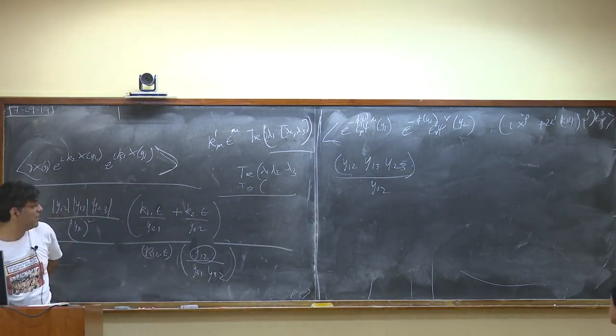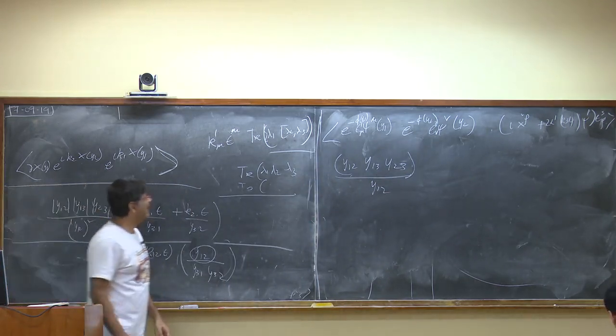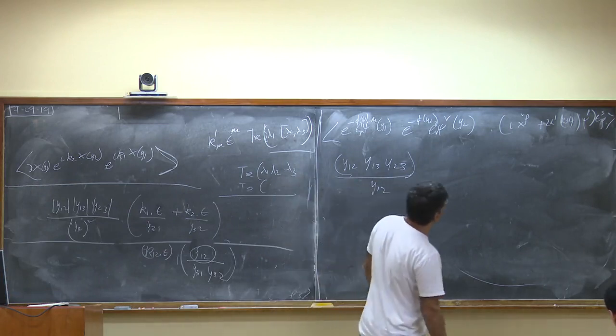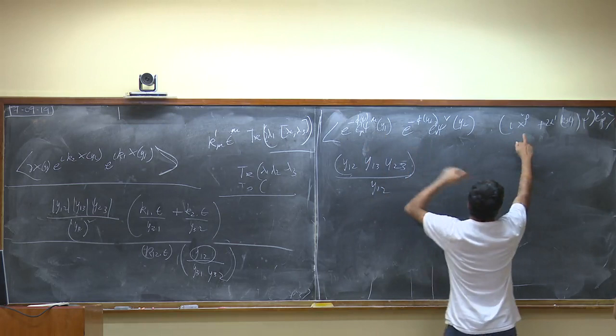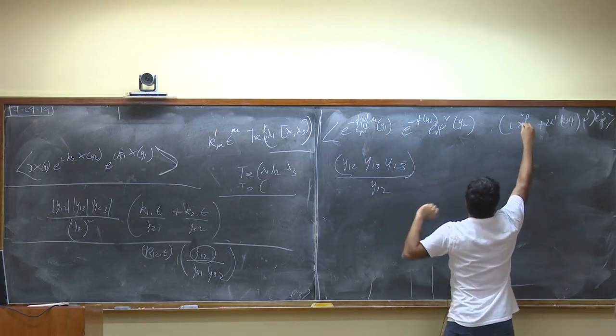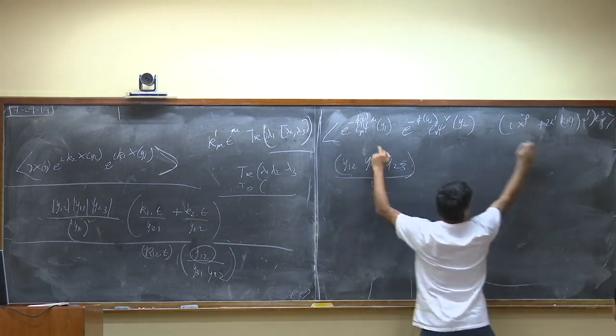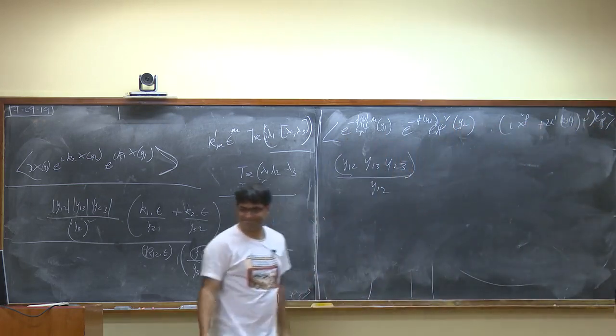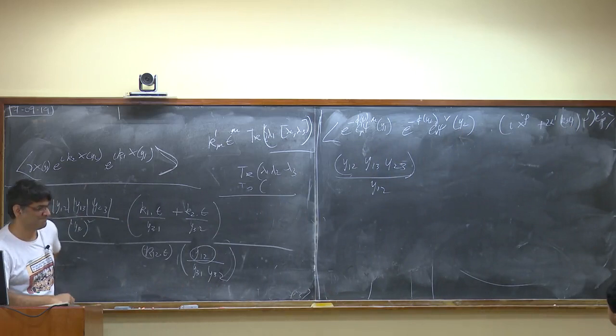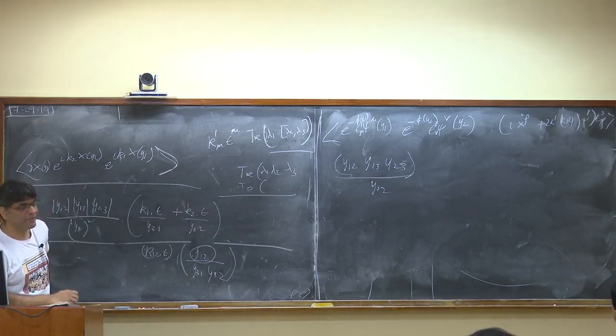So we got a 1 over y12. And then what we get is whatever we get by contracting either this with these or this with these. Okay? So we're going to get two kinds of terms.